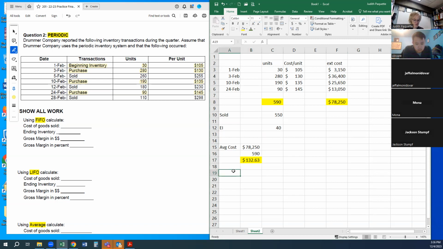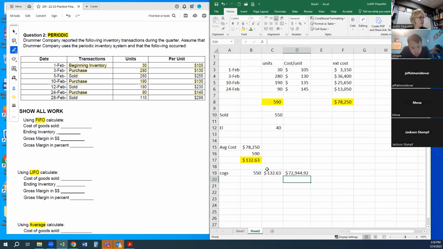For cost of goods sold, we sold 550 at 132.63, and therefore the cost of goods sold. Remember, for average cost, you don't just tell me the answer is 132.63. The problem asks you for cost of goods sold and ending inventory.